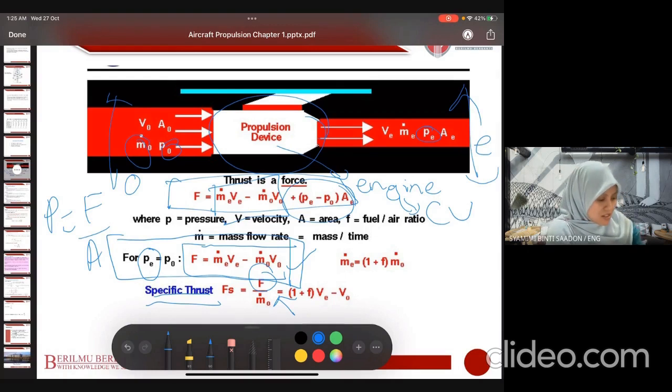This is another parameter, another property, which is written here, specific thrust. But specific thrust is commonly used more for rockets. To evaluate the performance of a rocket, commonly we use specific thrust. But for an aircraft engine, normally we calculate the thrust force or thrust power.